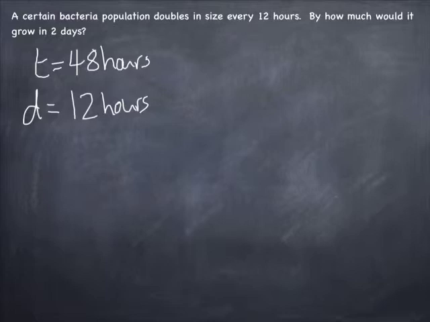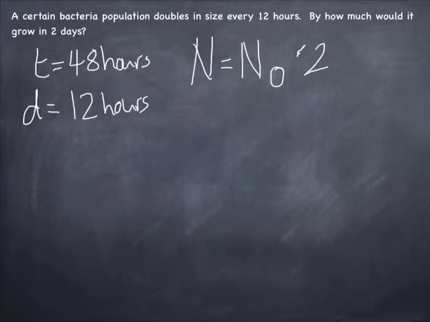We don't know how much there was originally, but we can figure out by how much it will grow. If we use the equation, n equals n sub 0 times 2 to the t over d, so 48 over 12 power. So let's simplify that.